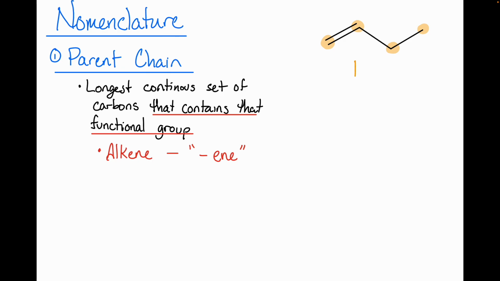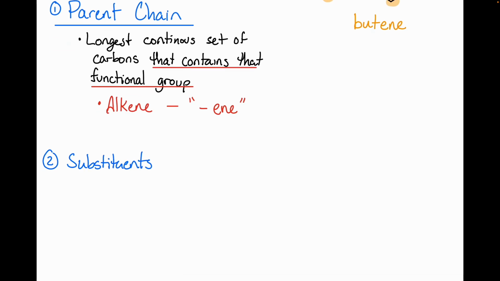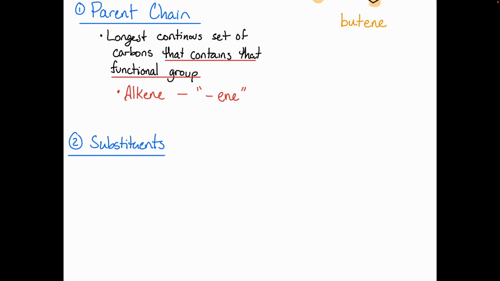Using that same number of carbon prefix but changing my suffix, this would be butene. Our second step was about finding and naming our substituents in our molecule, and here we've got nothing new to add. Same exact procedure that we laid out before for finding and naming substituents.